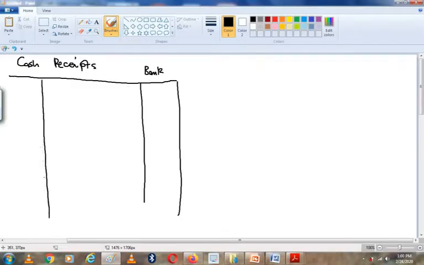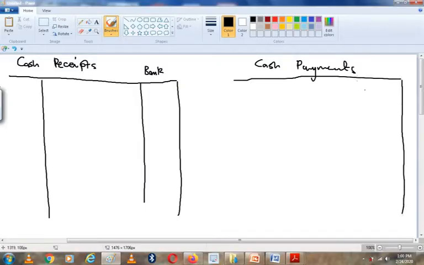And then here we'll put our notes. Alright, so cash receipts journal like that, and then we'll also have the cash payments here. And that's how it looks. So this is basically our bank.